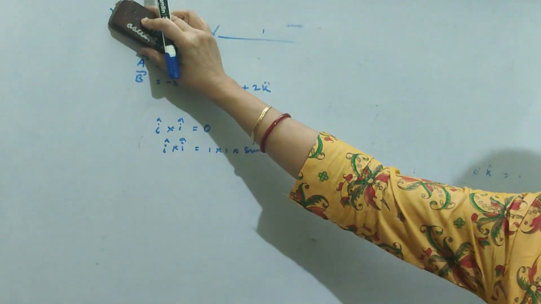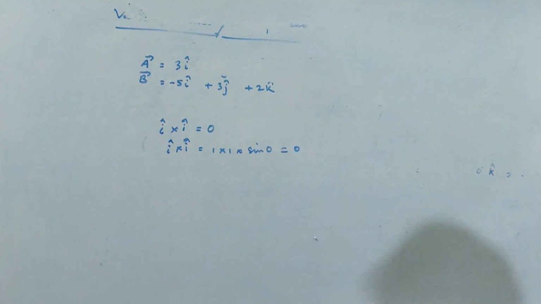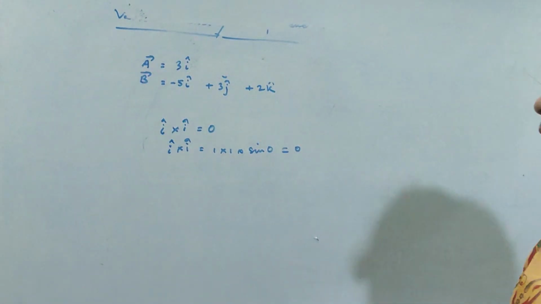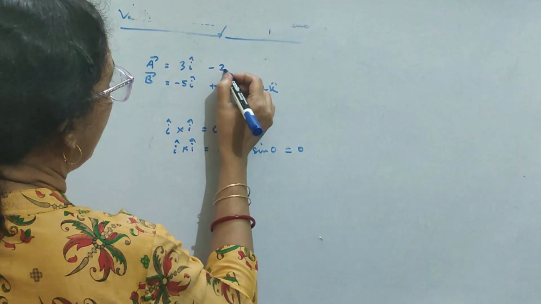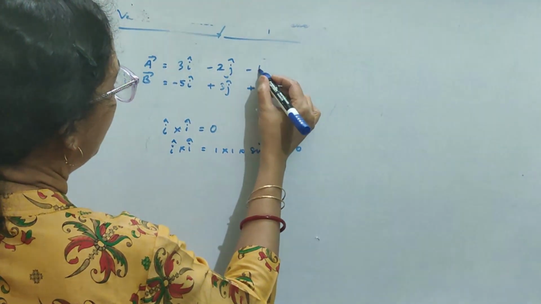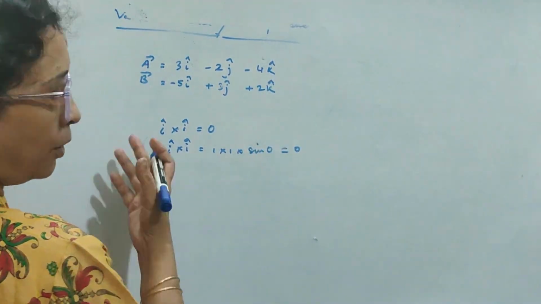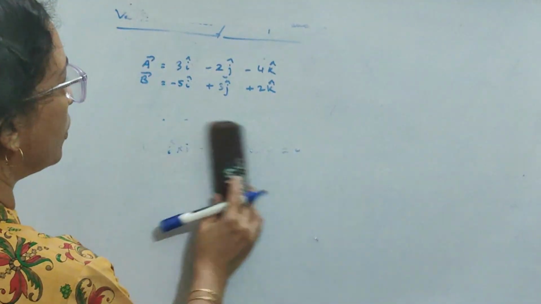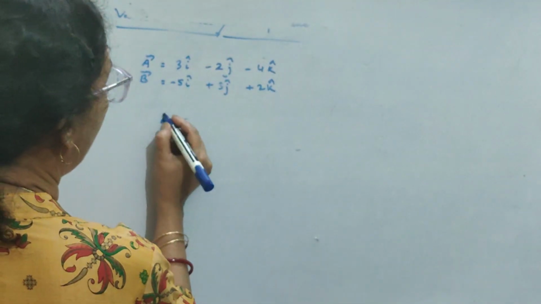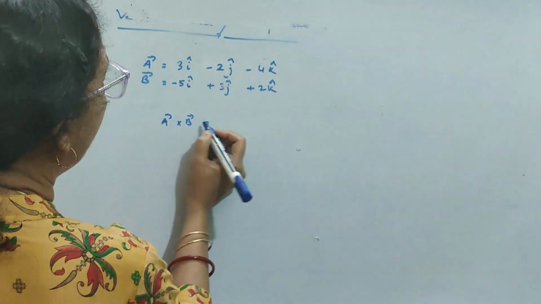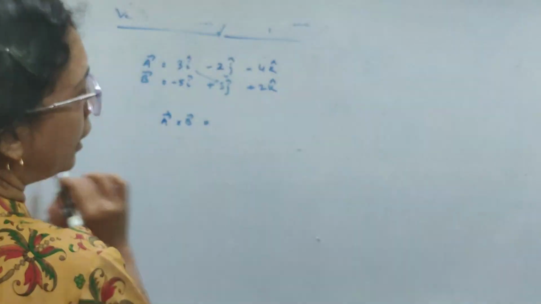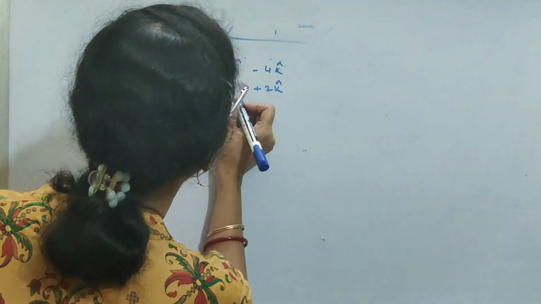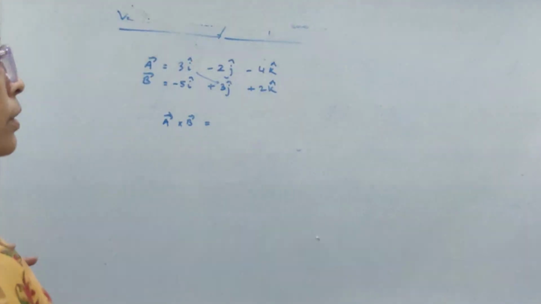So what will be the answer of A cross B? I'm taking some values. So this is minus 2j and this is minus 4k. Now in this form, if I try to find the cross products, A cross B will be given by, this will be 0, and i cross j will give you k.